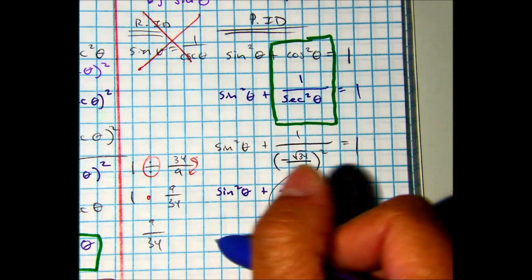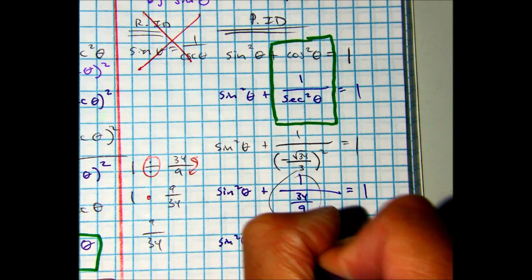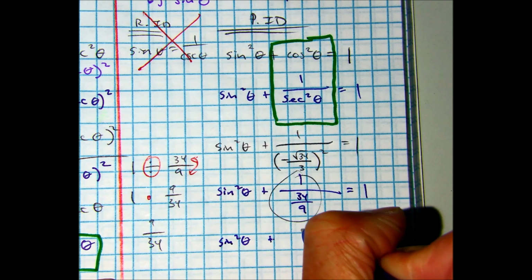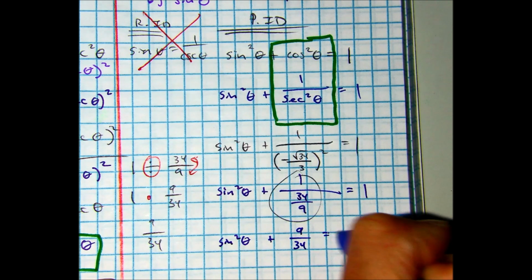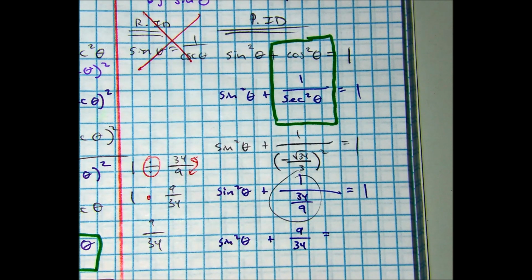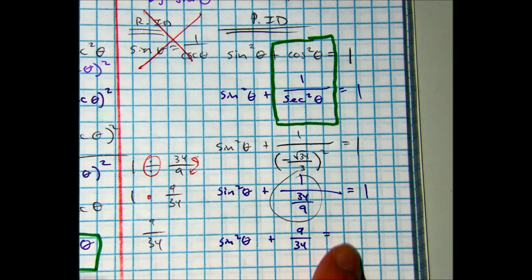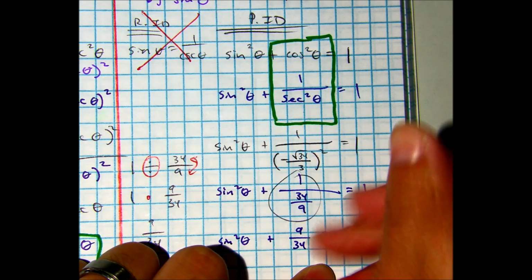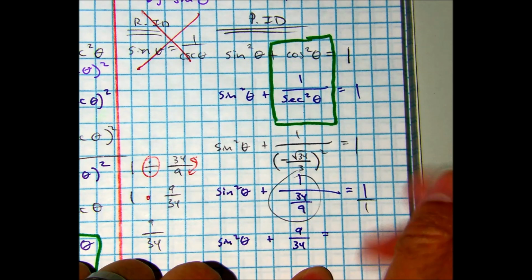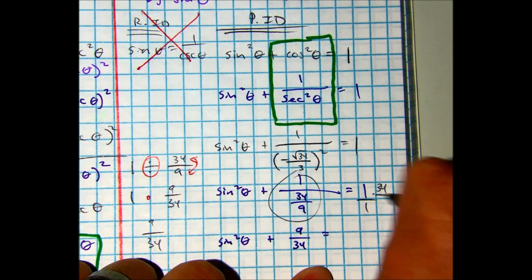So now I have sine squared theta plus 9 over 34 equals... What am I going to write here? Think ahead, think ahead. Put over 1. This is really 34 over 34, right?